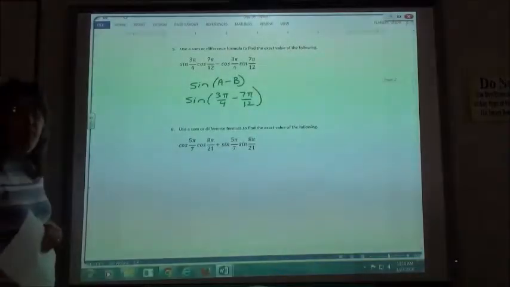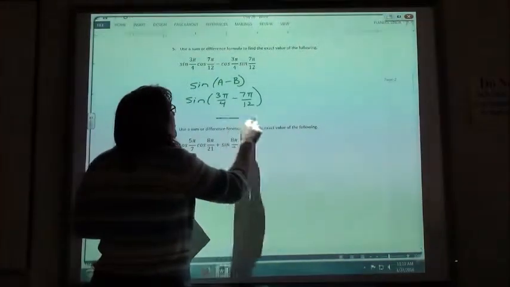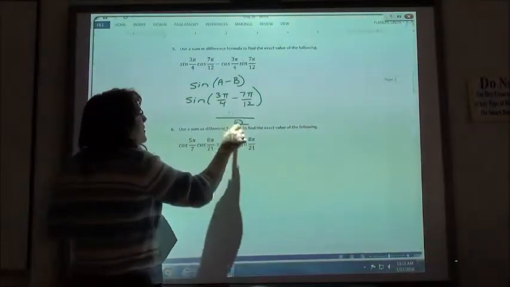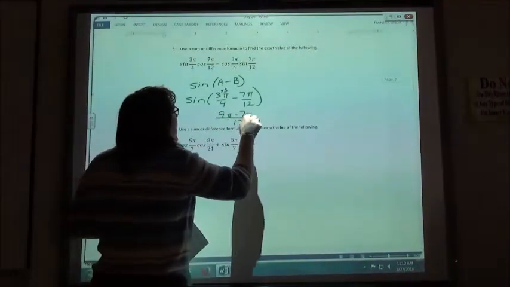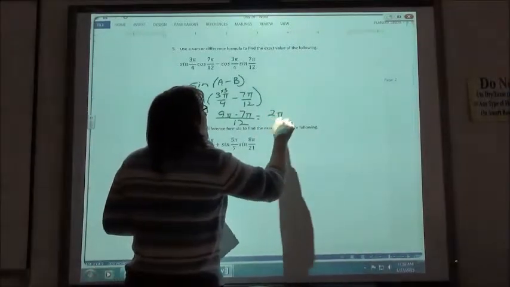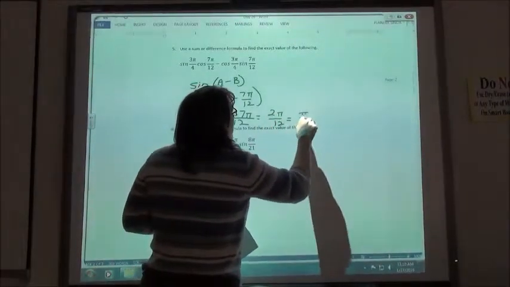Since we're working with our fractions, we'll find our common denominator, which is 12. 4 goes into 12 3 times, so I'm going to have 9 pi minus 7 pi, which is 2 pi over 12, which would give me pi over 6.